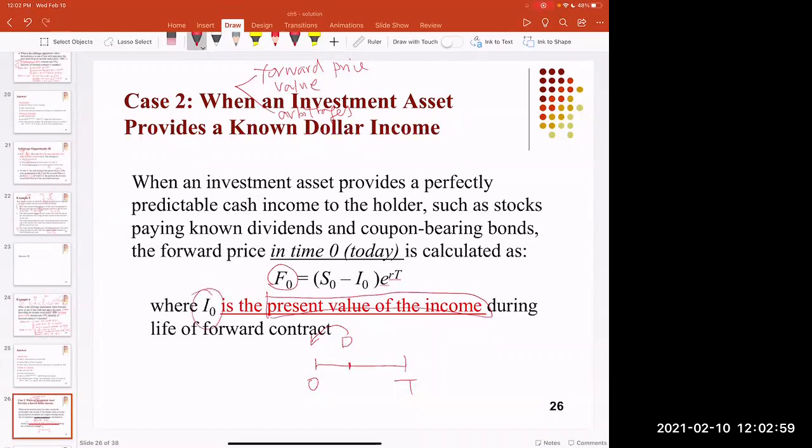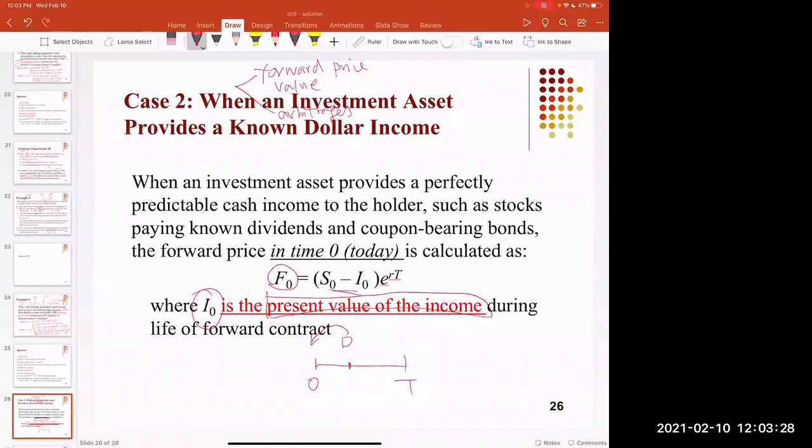Okay, so what is I0? I0 is the present value of the income. We need to deduct this, because that's your income. And S0, which is the spot price, if you buy, you're going to pay that. So S0 minus I0, let's say the spot price minus the present value of the income.